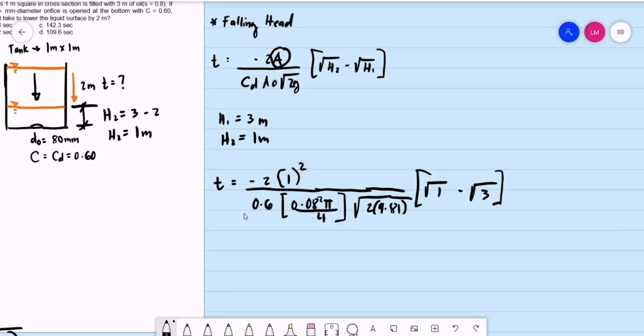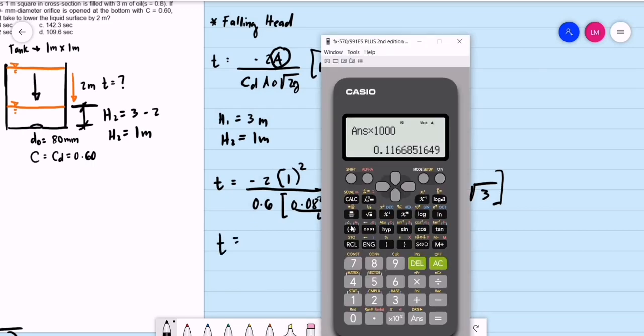Okay, computing for the time. We have negative 2 multiplied by the area of the tank, a square tank 1 meter in dimension, divided by the coefficient of discharge 0.6. The diameter is 80 mm or 0.08 meter, squared, shift pi over 4.